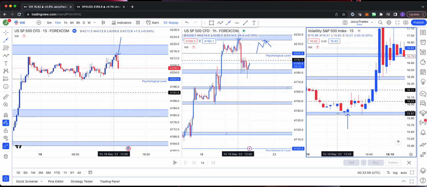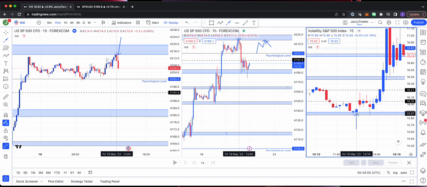VIX is above this zone, let's say the zone was there, and VIX is making a bullish move here. Double top, and it's rejecting.